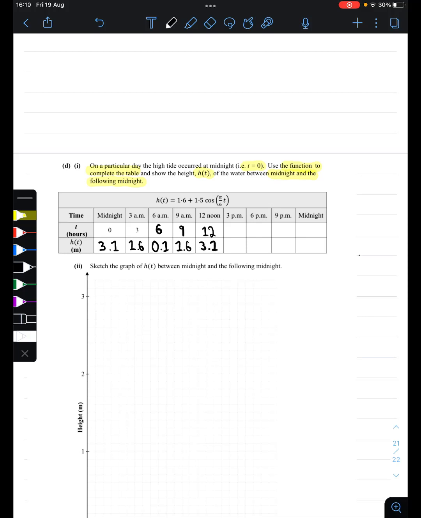And then 12 hours after 3 a.m., it'll be the same, 1.6. After 18 hours at 6 p.m., 12 hours after 6 a.m., it'll be 0.1. And so you can see it just repeats.